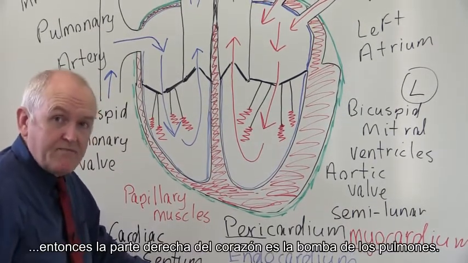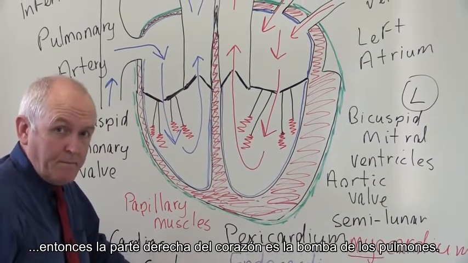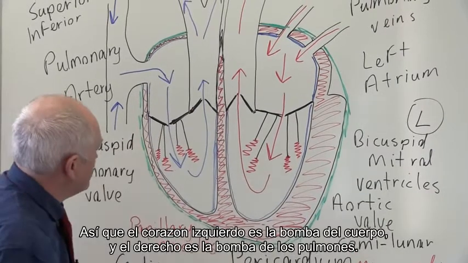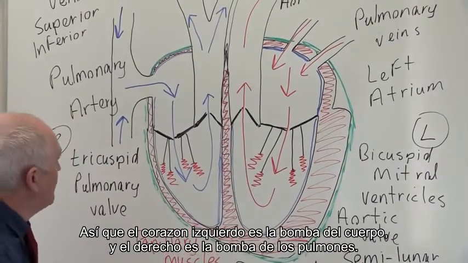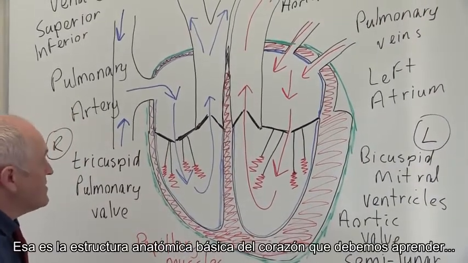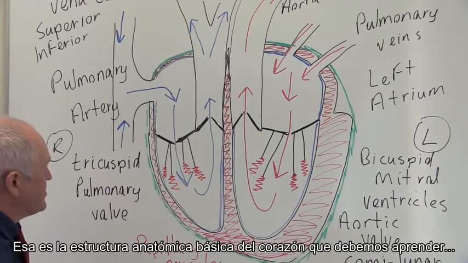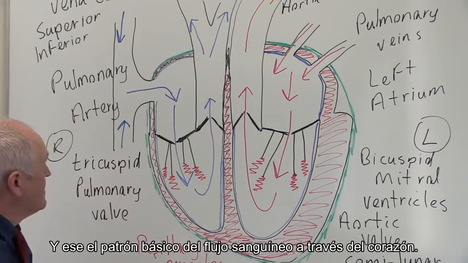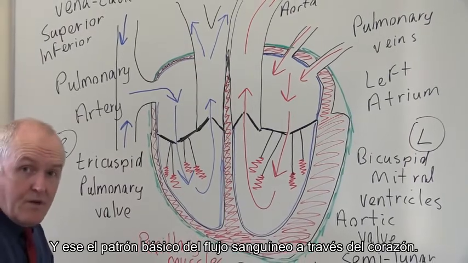So the right side of the heart is the lung pump. So the left is the body pump, the right is the lung pump. So they're the basic anatomical structures of the heart that we need to learn, and that is the basic pattern of blood flow through the heart.